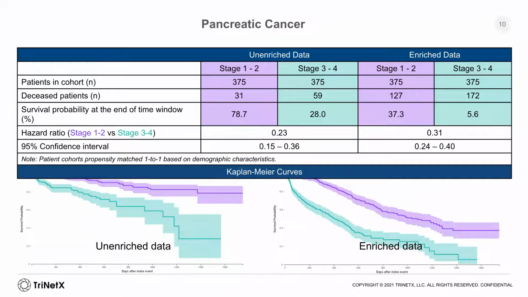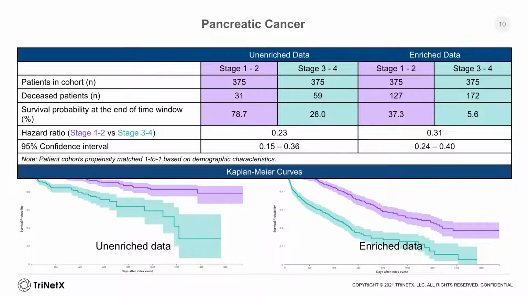If we go on to the next slide here. Now looking at a couple of examples where we're comparing cohorts of patients to one another. We're looking at absolute comparisons, absolute mortality and survival probabilities, and comparing them across different cohorts. We're also looking at relative measures of mortality, so hazard ratios and 95% confidence intervals.